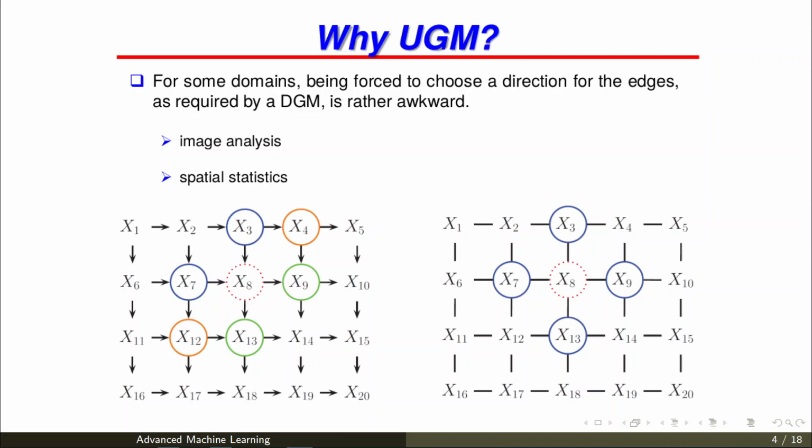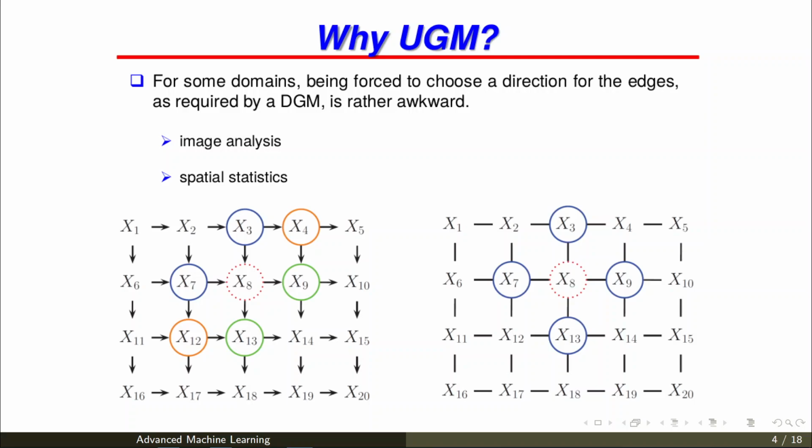Let's see this example to indicate the difference between directed and undirected graphical models. Let's say this is an image with pixel values x1, x2, x3, etc. And let's look at the pixel x8. In this example, we have put directions to say that this is a directed graph, and in this one we have removed the directions, and this is the undirected graph. So let's look at x8.